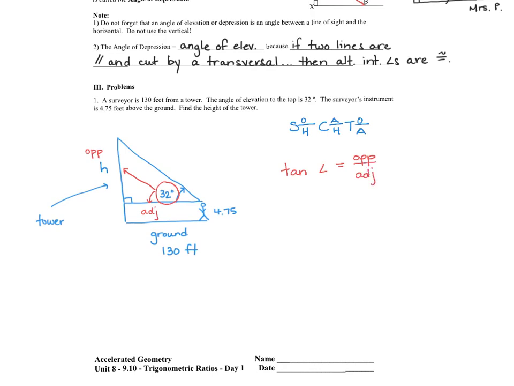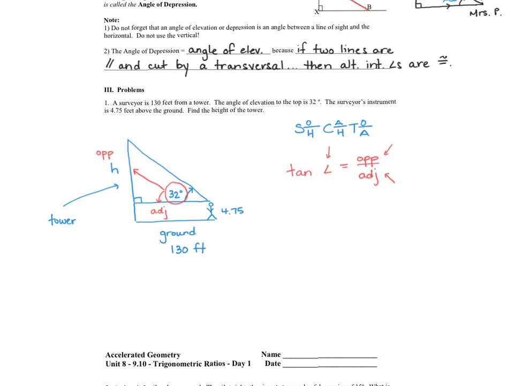Remember, every trig function has three pieces: an angle and the relationship of the two sides. You always need two out of those three pieces, but if you have two, you can always find the third. So if I know the angle measure is 32 degrees, I can say the tangent of 32 is equal to the opposite over the adjacent.